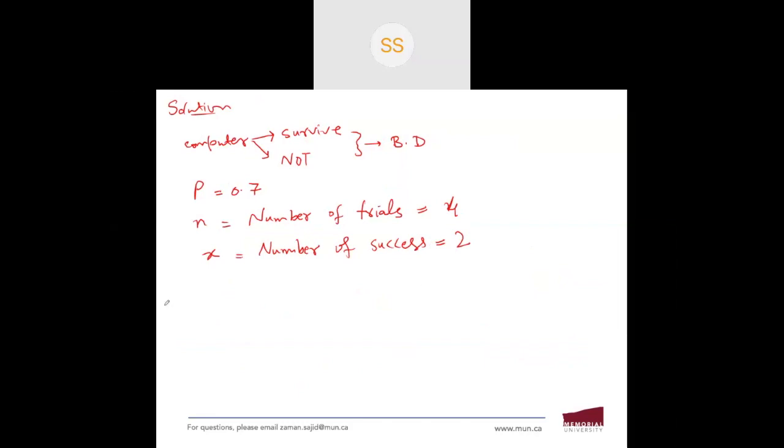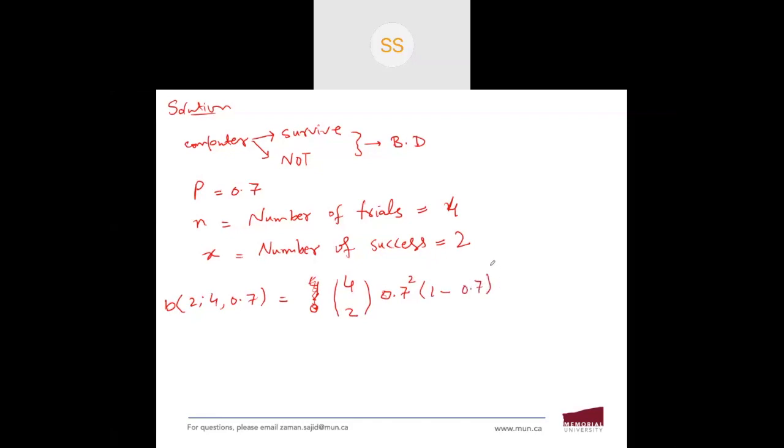Now we just use the formula that we were doing before, that b of 2; 4, 0.7 equals 4 choose 2, times 0.7 squared, times 1 minus 0.7.